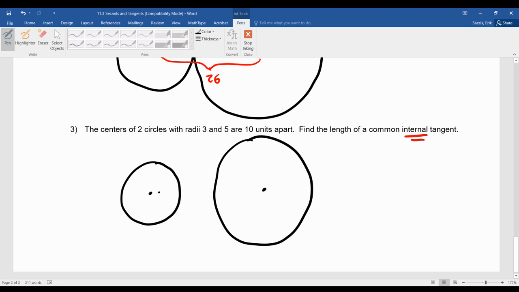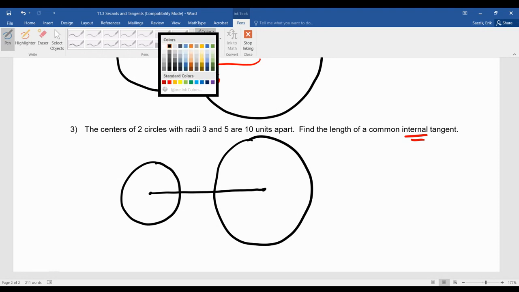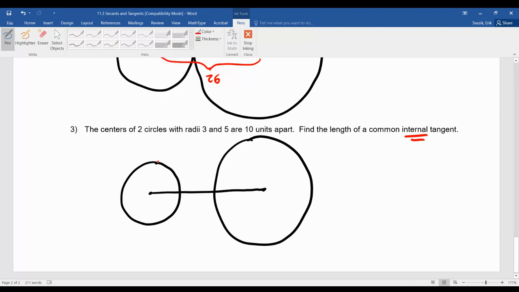You always connect the centers. Okay, now this is not an external tangent. An external tangent would be out here or down there, okay? The internal tangent crosses the line connecting the centers. So in other words, there's 2 of them.